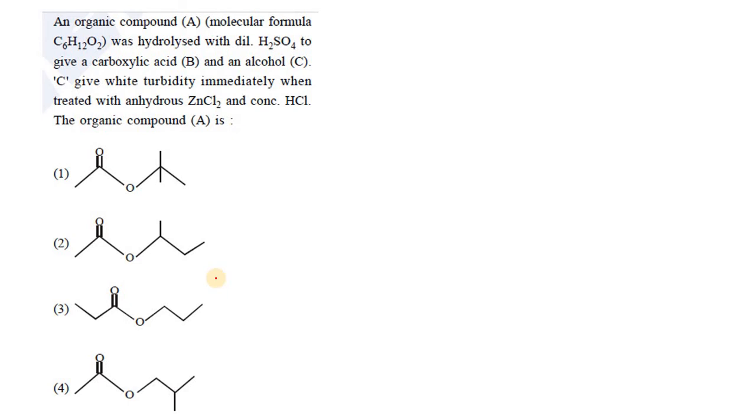An organic compound A, molecular formula C6H12O2, was hydrolyzed with dilute H2SO4 to give a carboxylic acid B and alcohol C. C gives white turbidity immediately when treated with anhydrous zinc chloride and concentrated HCl. The organic compound is, what is the test?